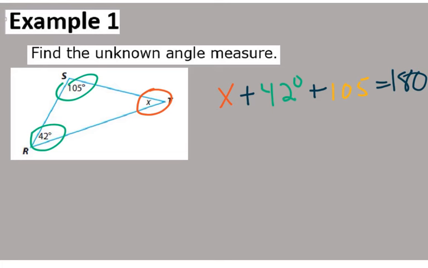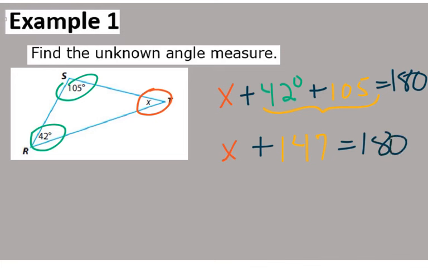So if we combine these two measurements, 42 plus 105, we're going to get 147 degrees.